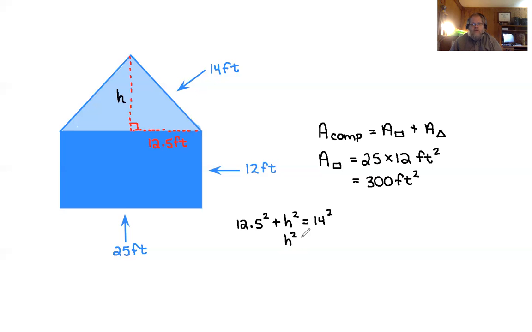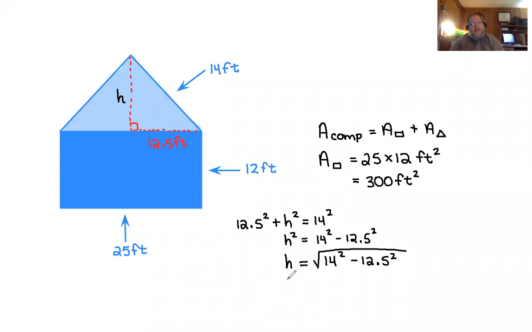Subtract 12.5 squared to the other side. And then use the positive square root property. Since the altitude has to be a positive number, we use the positive square root property. And once we've performed that calculation, we will have the altitude.